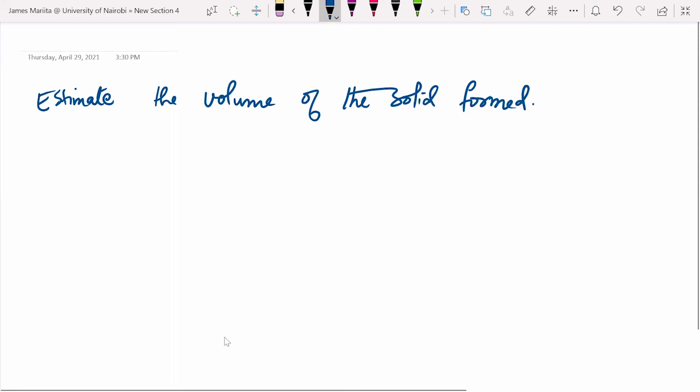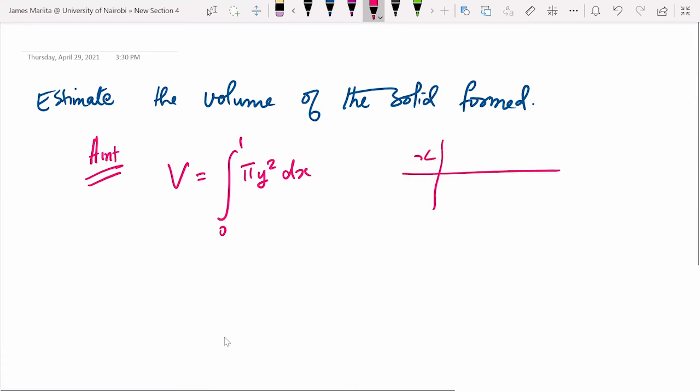Maybe I could give you a hint here. The volume of the solid formed in this case is like working out the integral from 0 to 1 of pi y squared dx. In the table, we have the x and y values, and you must work it out using the above table.